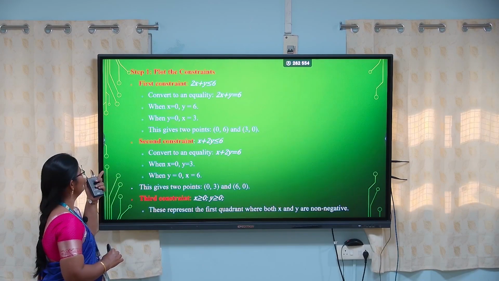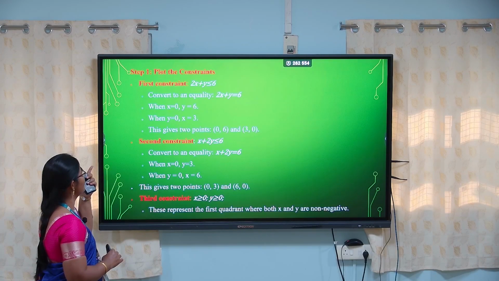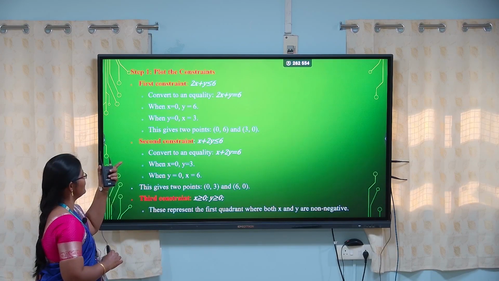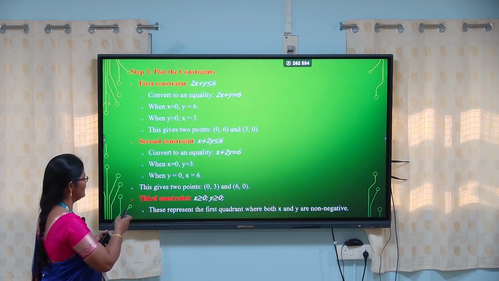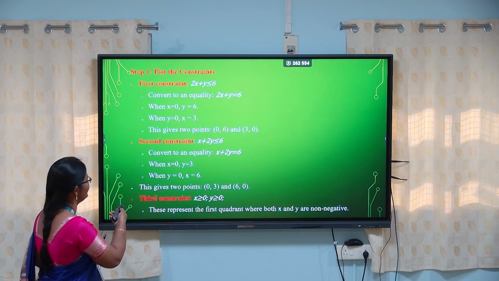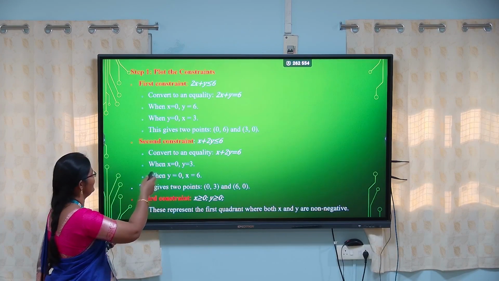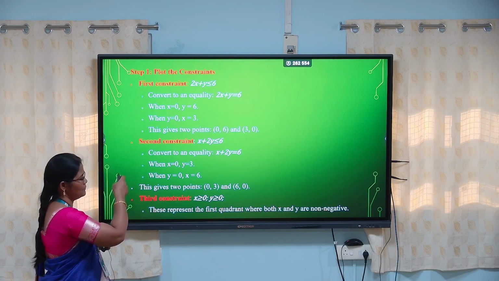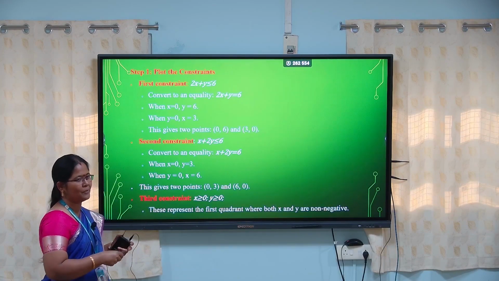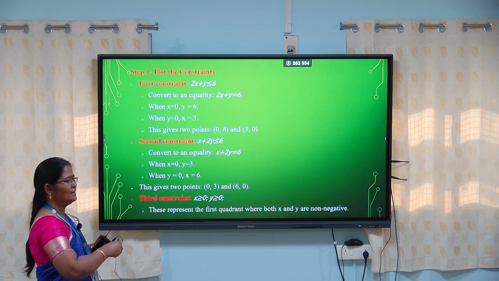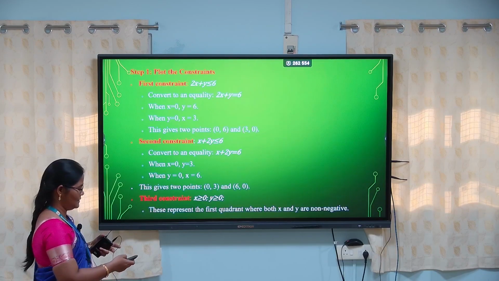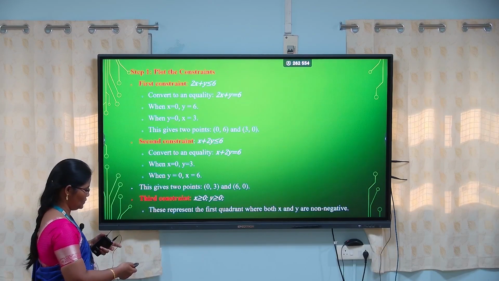Number 1, plot the constraints. The first constraint is 2x plus y less than or equal to 6. Convert this into an equality, so it becomes 2x plus y equals 6. Suppose we plot this graph, we can find some points on this line and then draw the graph, which is easier to draw.